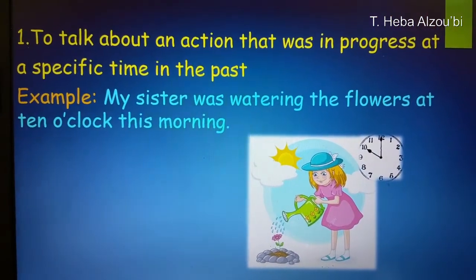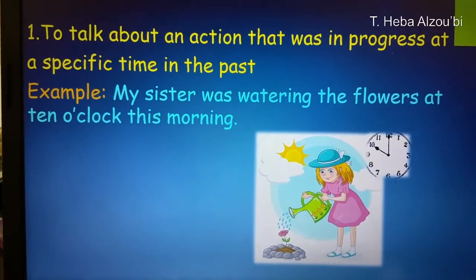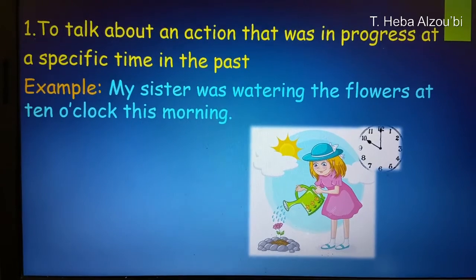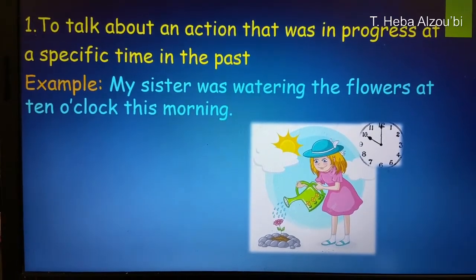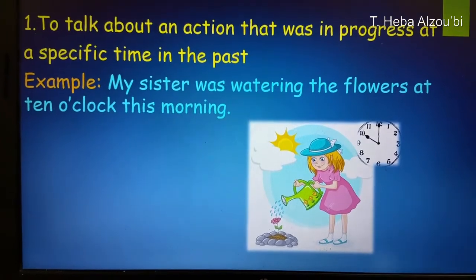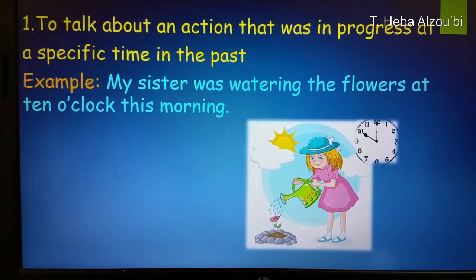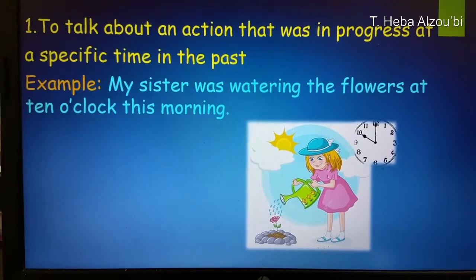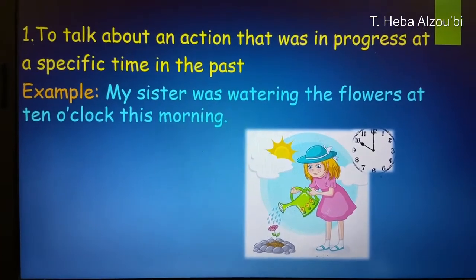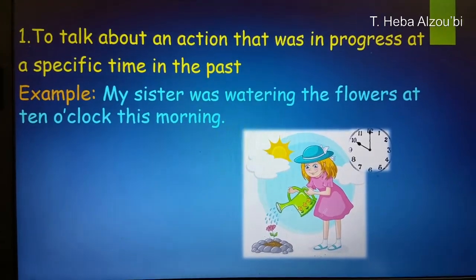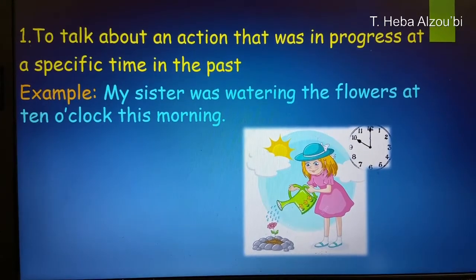We use the past continuous to talk about an action that was in progress at a specific time in the past. It means that it was happening at a specific time in the past.